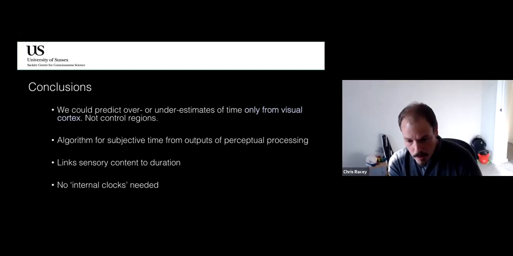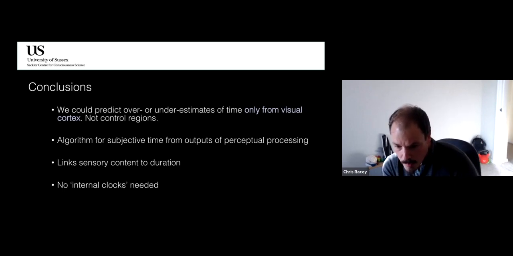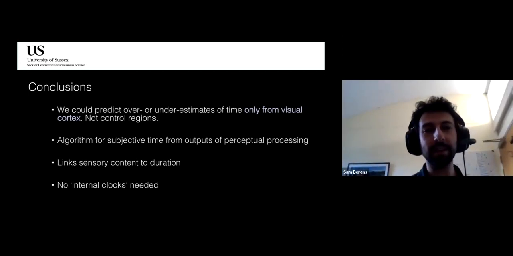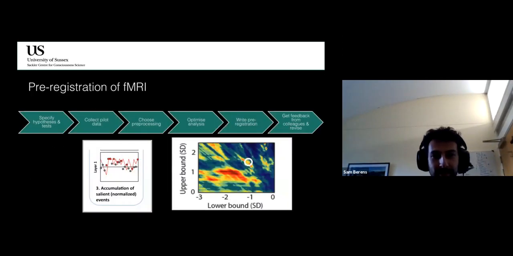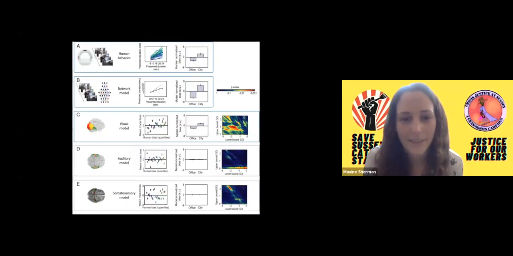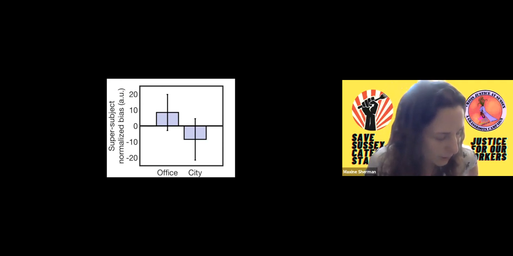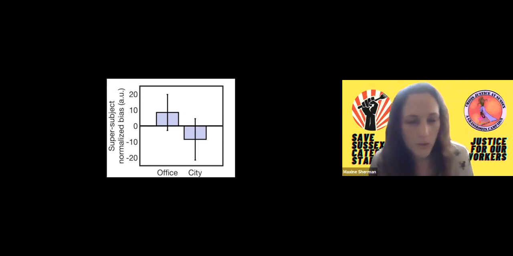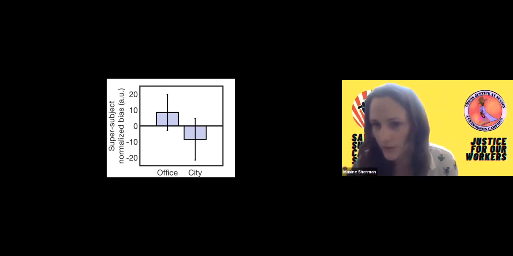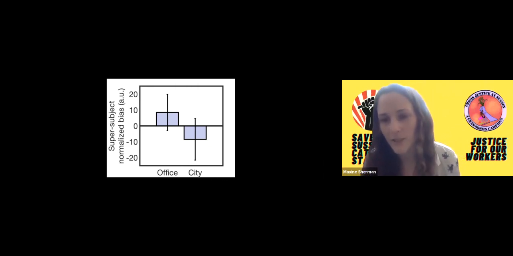Let's see what other questions people have. Sam's got a question. Can you expand on why the difference in bias did not come out when using L2, Euclidean distance? Basically, what we had pre-registered was, because we only had 60 trials per person, we created a super subject.